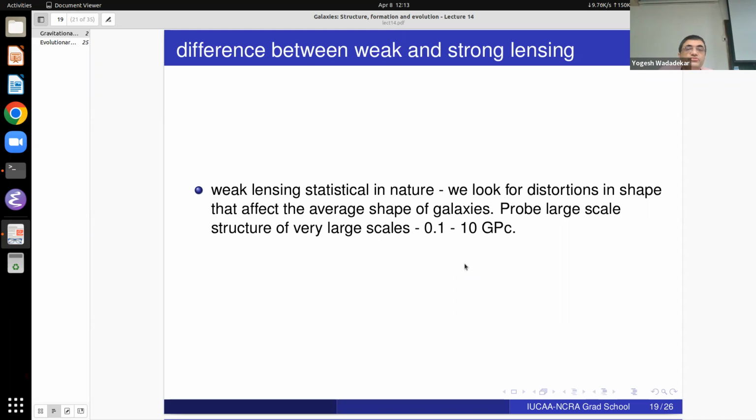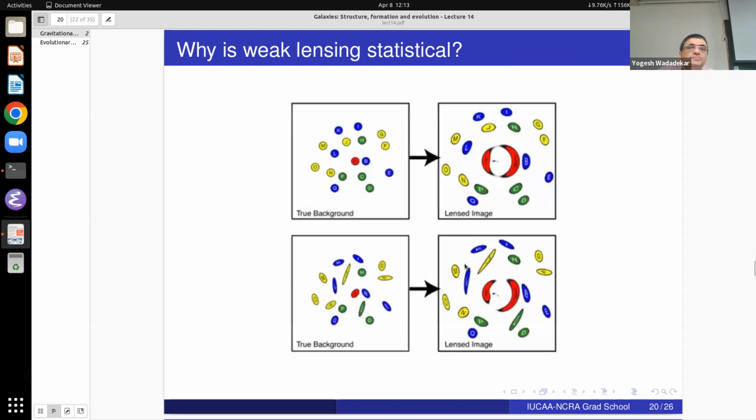It is very useful to probe the large scale structure of galaxies on very large scales, 0.1 to 10 gigaparsecs. So why is it statistical? Suppose you have all perfectly spherical or circular galaxies, and let's say you have a lens in front.